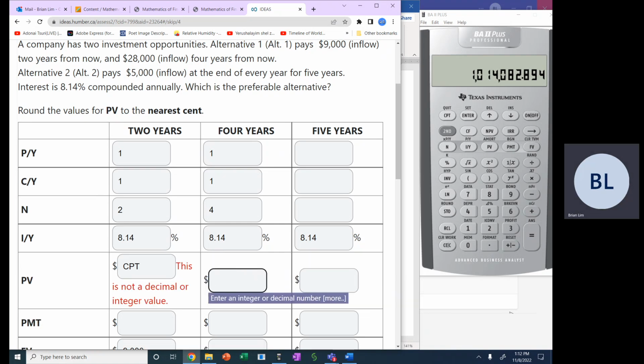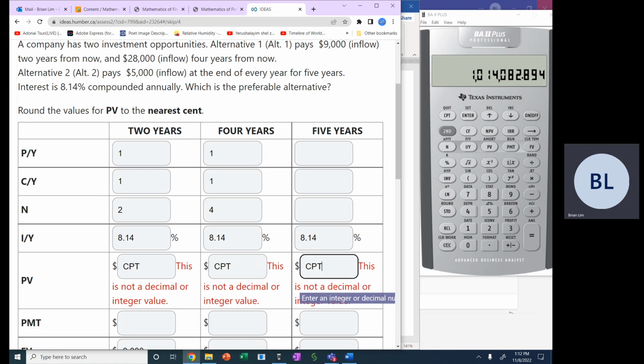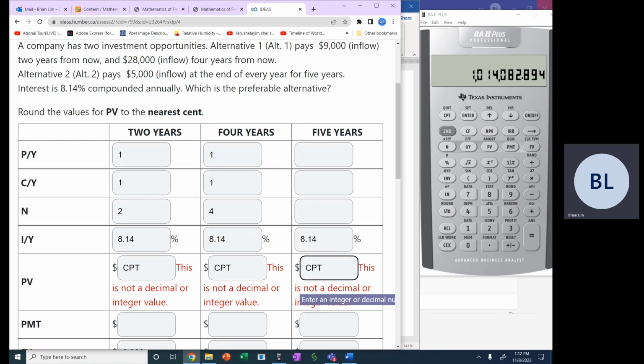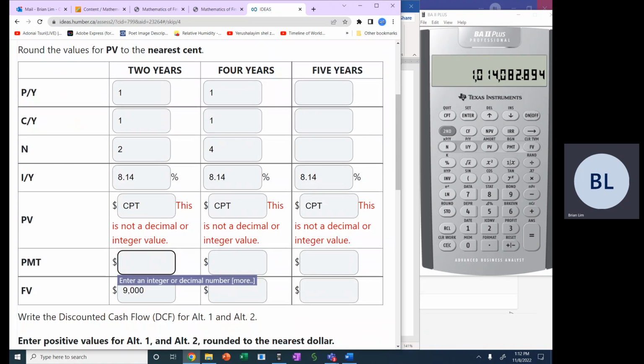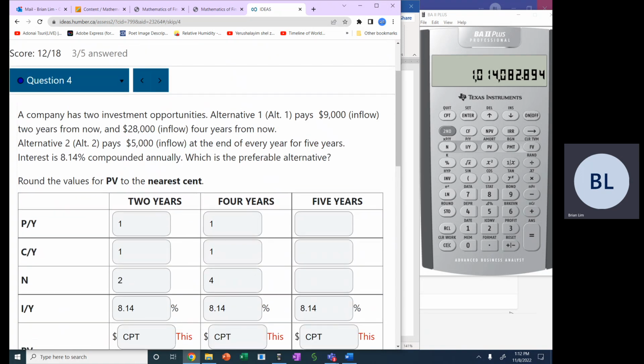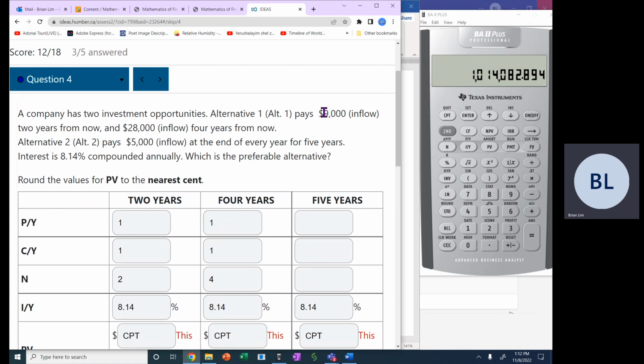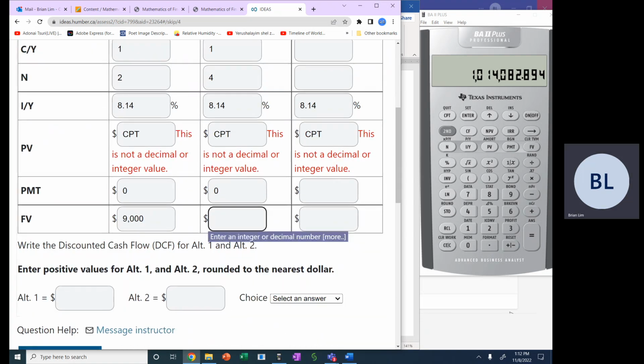Yes. Now, we don't have any payments here. This is 0, and this is also 0. Why? Because we receive 9,000 after 2 years, and then we receive 28,000 4 years from now.